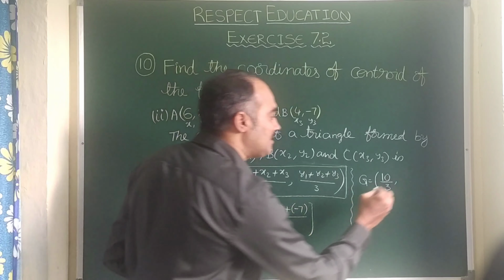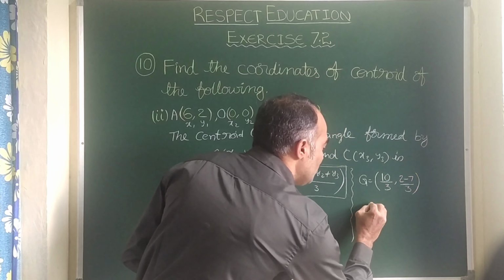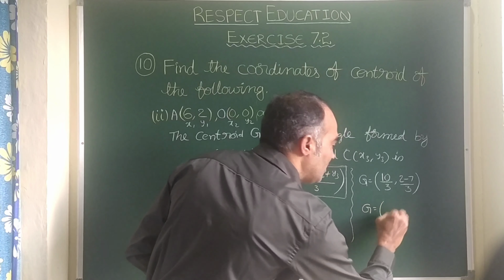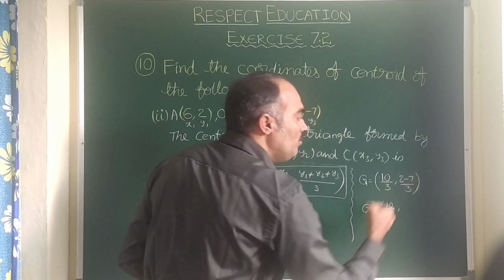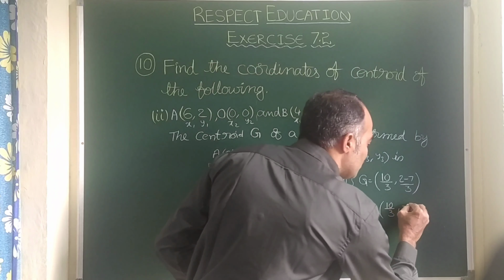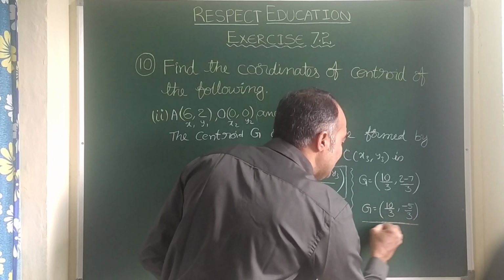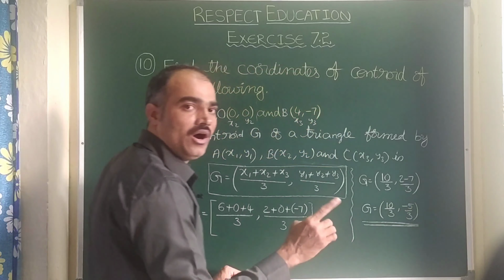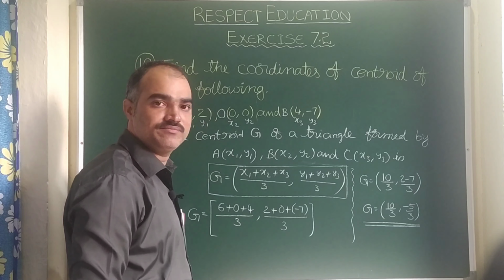So it is 2 minus 7 by 3. So therefore G is equal to 10 by 3 comma 2 minus 7 is minus 5, so minus 5 by 3, right? This is the centroid of a triangle which is formed by the given these 3 points.